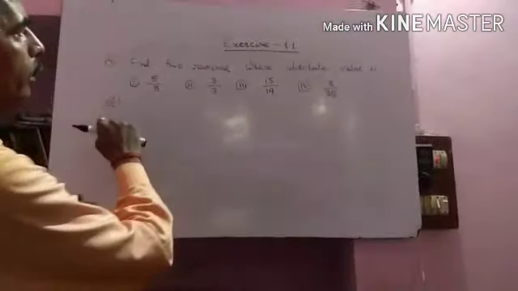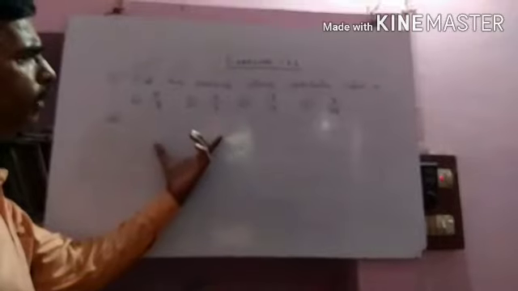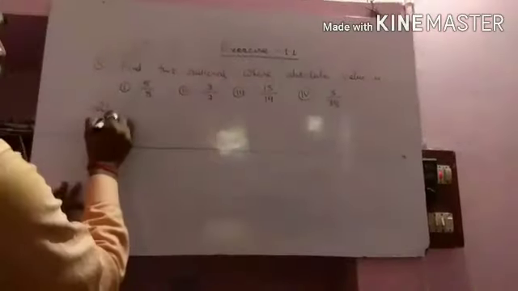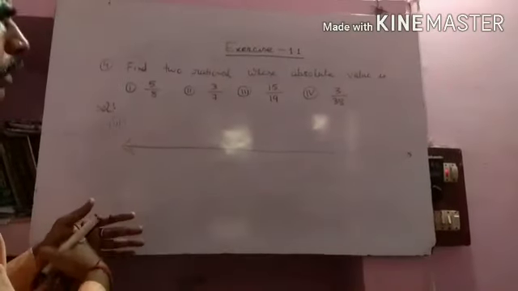To find two rational numbers whose absolute value is this one, this one, this one and this one. Okay, first of all, to show this one, you have to get the absolute value of that one. Draw a number line like this. Okay, I am going to solve question number 3 and I am leaving the rest of the questions for you.